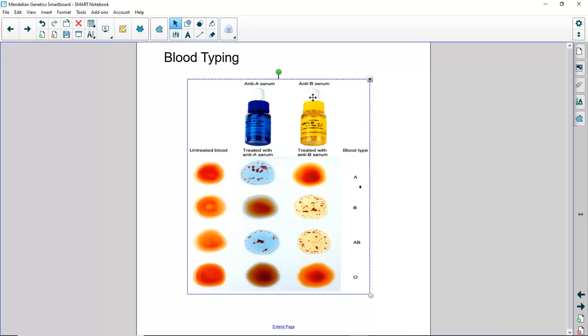So it's anti to blood type B. Notice what happens if you give anti-serum A, which contains the antibody B: bam. That's the way you tell, because if your blood clots with antibody B, you've got blood type A, blood type B, or AB, and nothing with blood type O.